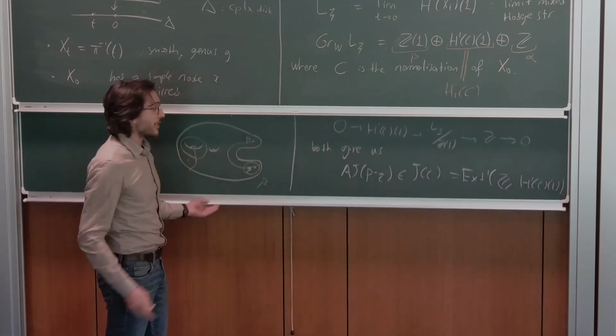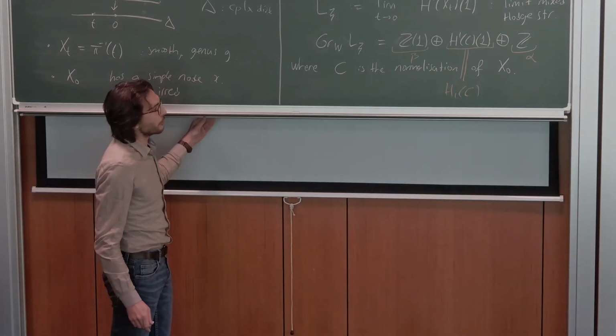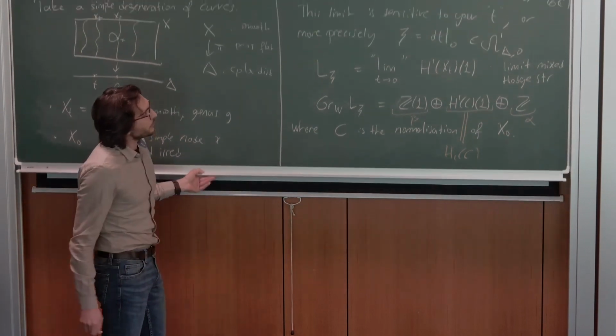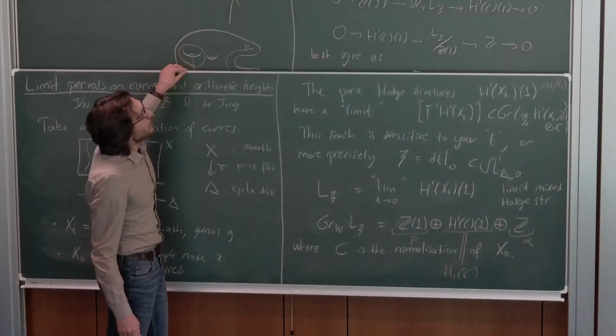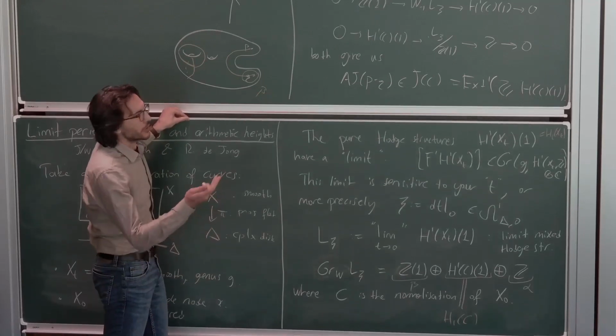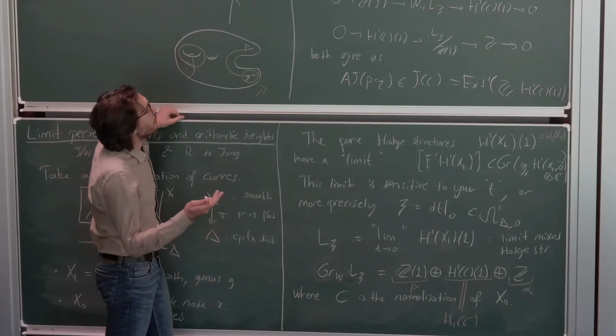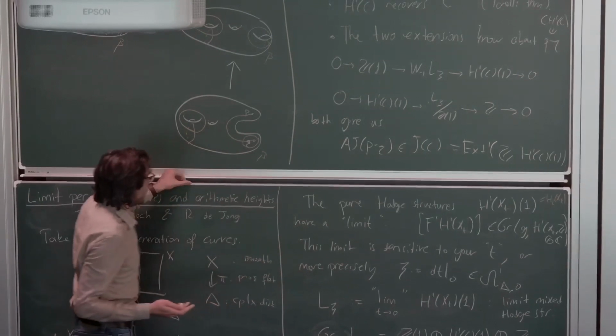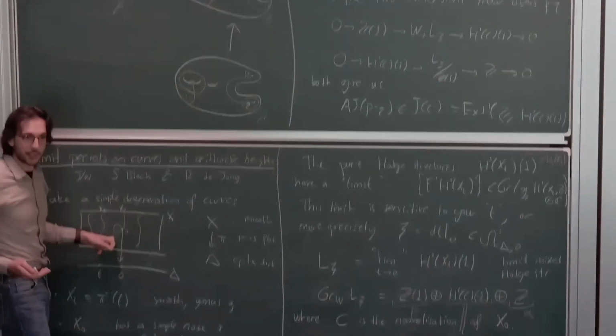And that ends up being the Abel-Jacobi image of P minus Q, which means, for instance, if C is not hyperelliptic, this will tell you P minus Q. You will be able to recover the central fiber completely.